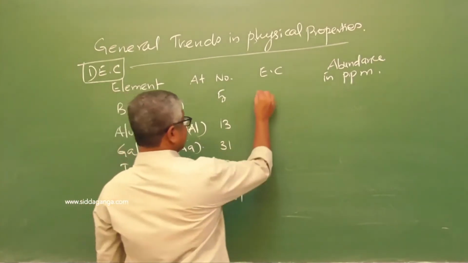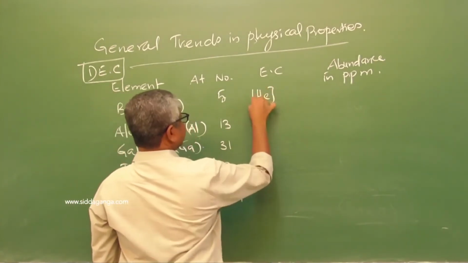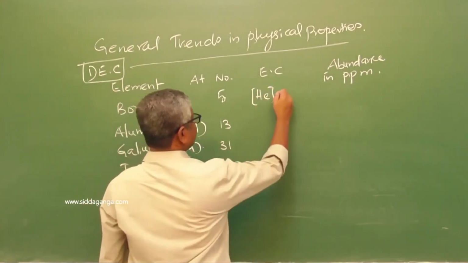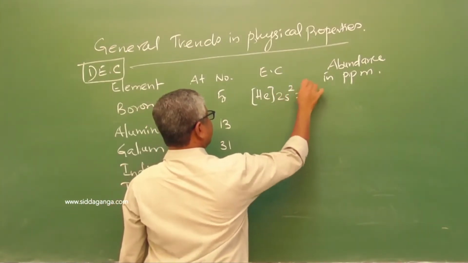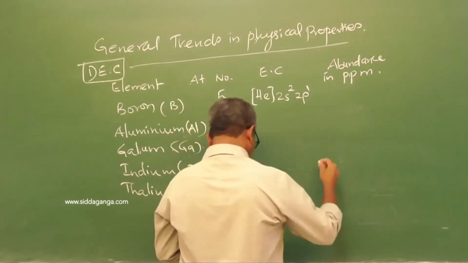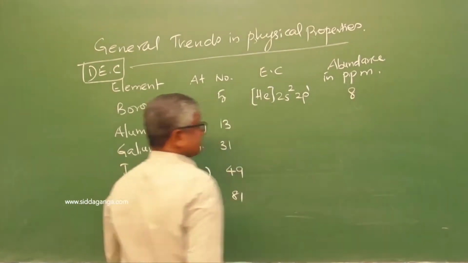Electronic configuration: boron is helium core, atomic number 2, 2s2 2p1. Abundance is 8 parts per million.